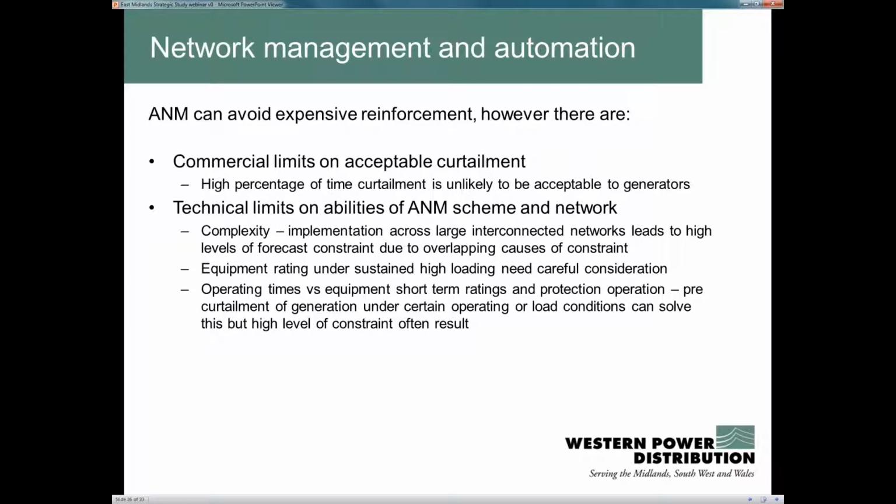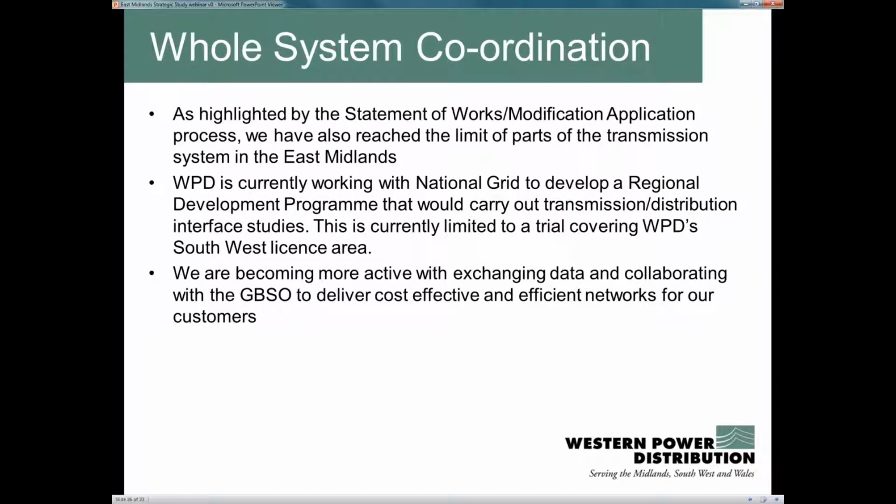So it's not quite a silver bullet. There are some pros and cons for A&M connections, but as we start to see flexibility playing a more key role in network operations, we will see some of the riskier parts of A&M and the benefits of A&M being spread more equitably between customers, network operators, and other participants in the energy sector.